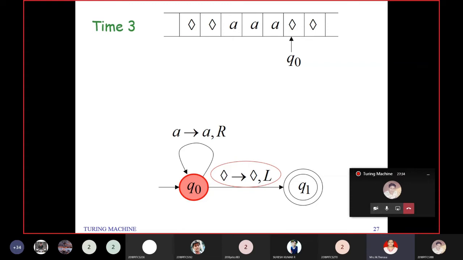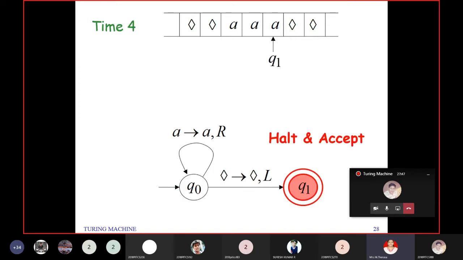Then what should take place? The next state must be Q1, and the blank should be kept as a blank, but the head should move left.